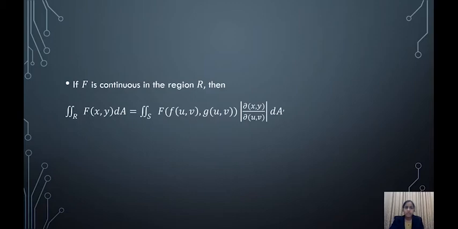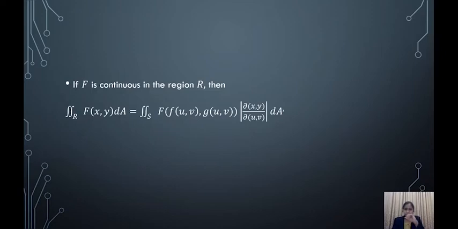Instead of x and y we have f(u, v), g(u, v), times the Jacobian, times dA′. dA is dx dy and dA′ is du dv. So this is how the transformation works out.